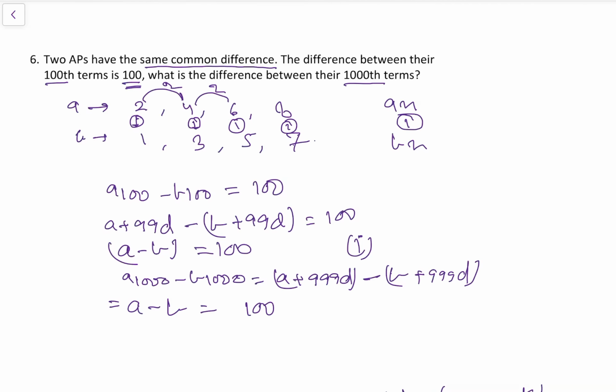So we can say A1000 minus B1000 is also 100. This is based on the first.